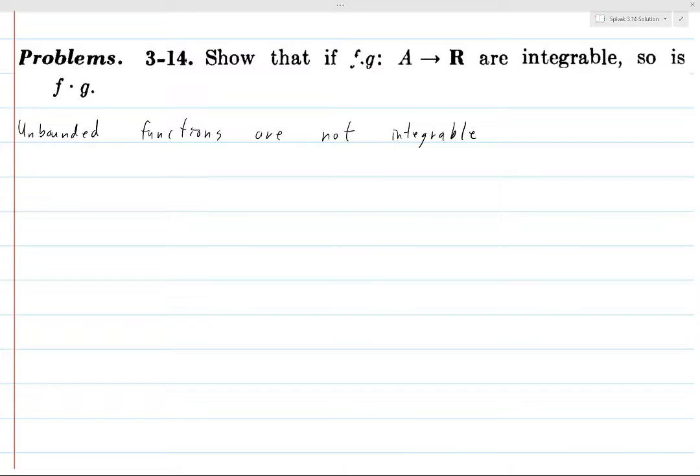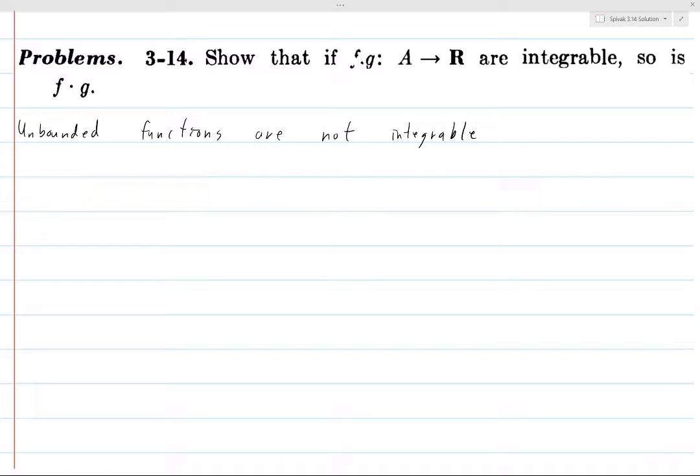If you take the infimum or the supremum of the function, depending on whether it's going to positive infinity or negative infinity, you're going to get either positive infinity or negative infinity. And so it's not going to be possible to bound the upper sum.